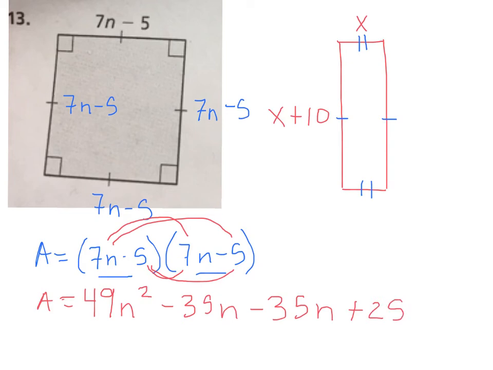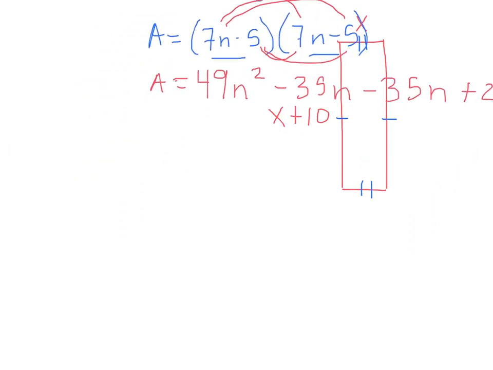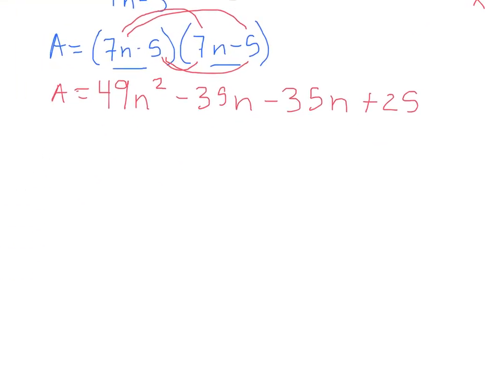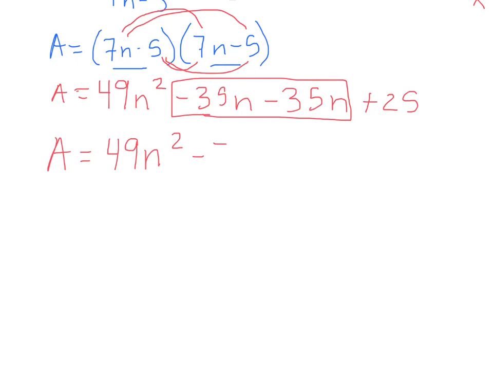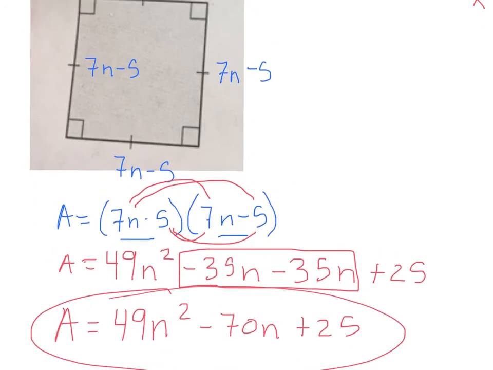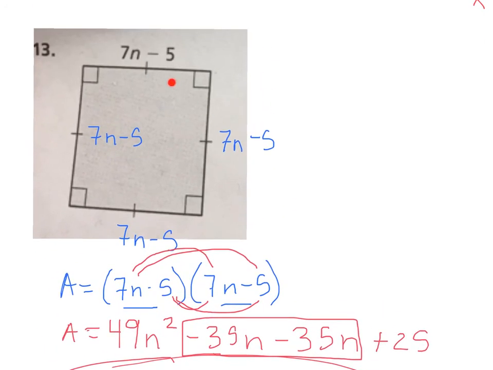Now I need to combine like terms, don't I? Yep. So let's combine some like terms. So I've got area equals 49n squared. These two can be what? Say combined, plus 25. And so that's the area of the shaded region of the original shape that we had right here.